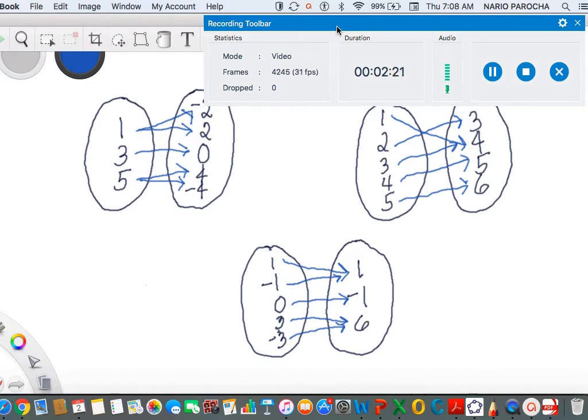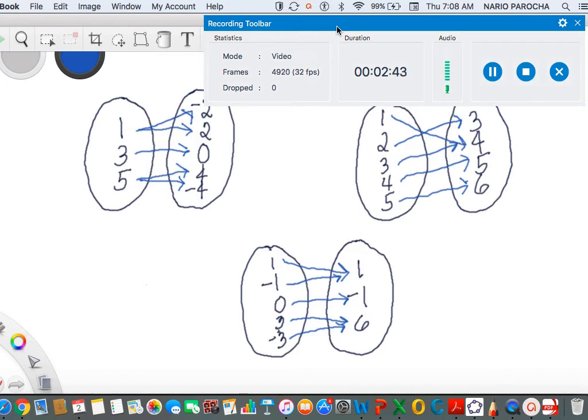So clearly each element on the first set corresponds to exactly one element on the second set. So this mapping diagram represents a function.